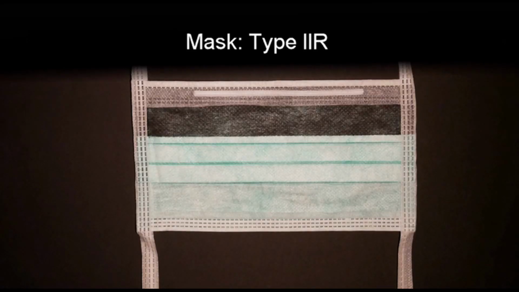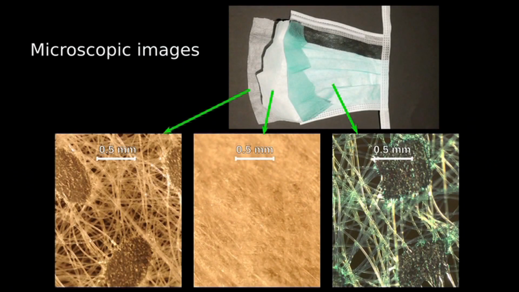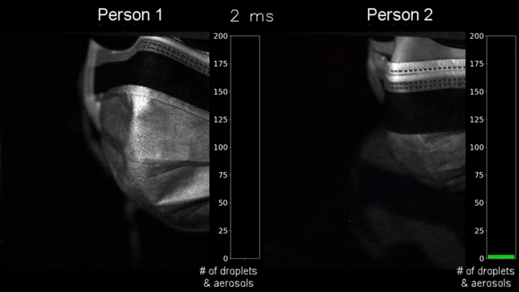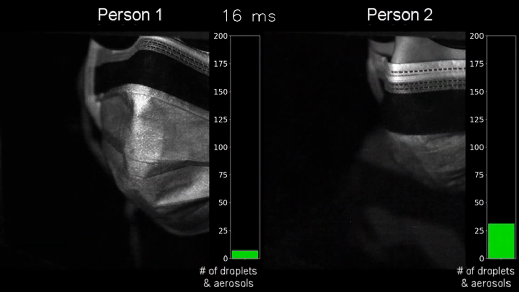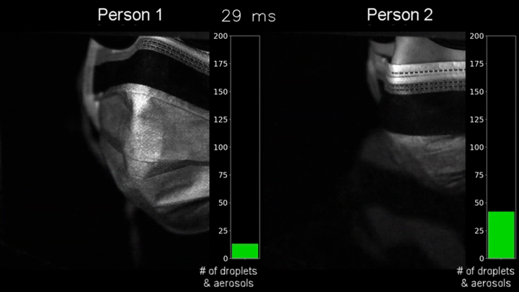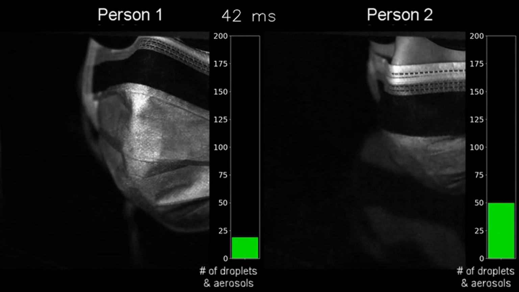This is a mask of type 2R. This mask is now a standard mask. In this case, the number of particles crossing the mask is much lower.